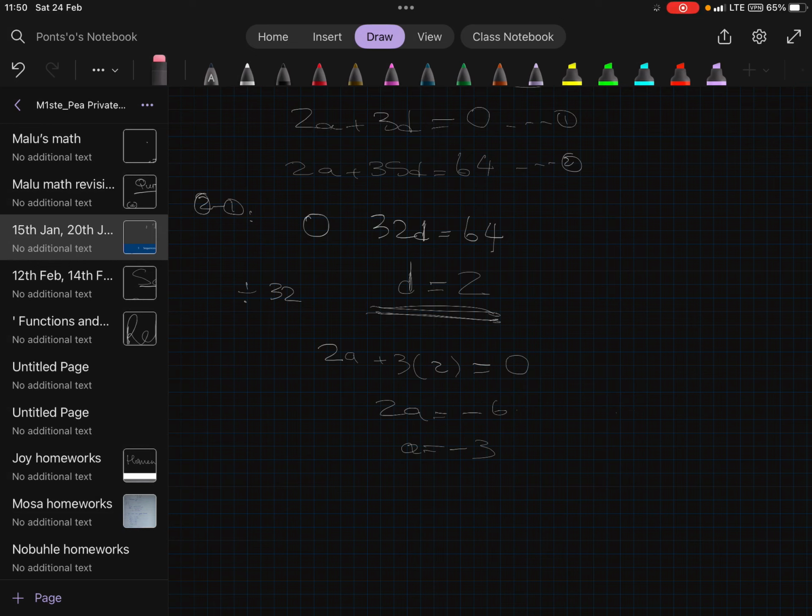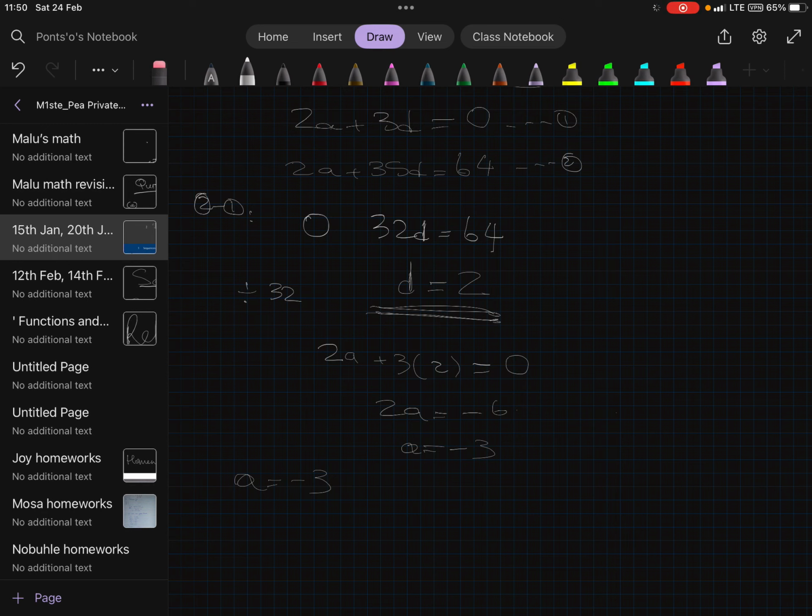So now we have found a, our first term, and it's negative 3. Our common difference is 2.